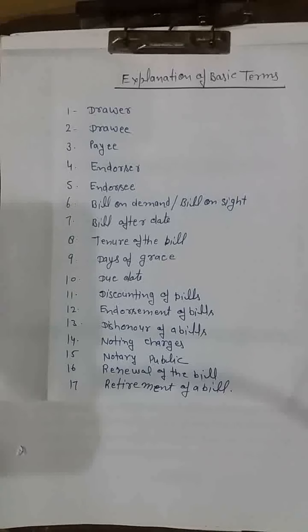Thus, this is called renewal of the bill. Number 17. Retirement of a bill. There are instances when a bill of exchange is arranged to be retired before the due date by mutual understanding between the drawer and drawee. If the holder agrees to do so, it is called retiring the bill.